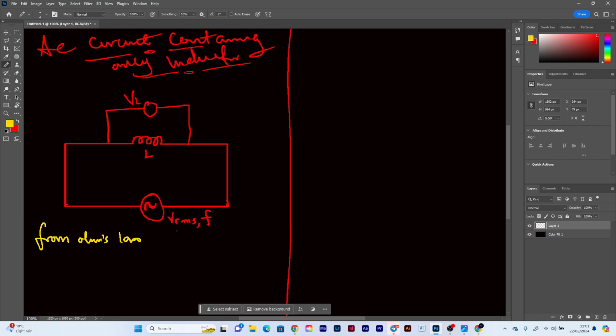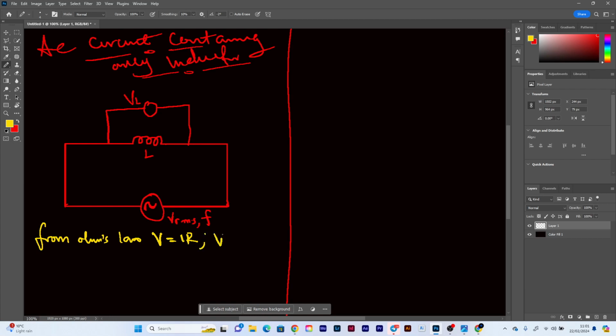So from Ohm's law, we have that V is equal to IR, where this V is the voltage across the inductor.